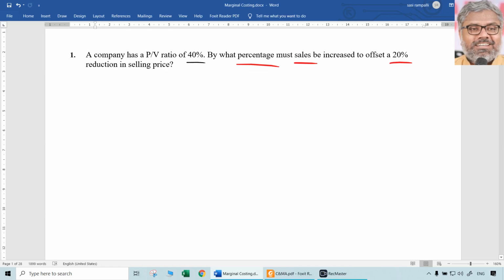For example, let us say there is a number of units currently sold. Just take any number. For convenience, let us take 100, and selling price currently, let us take also 100. Any numbers you can take, but just for convenience we are taking some numbers. So 100 units are sold, selling price is also 100 currently.